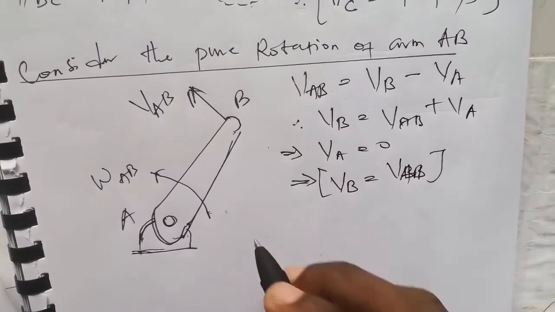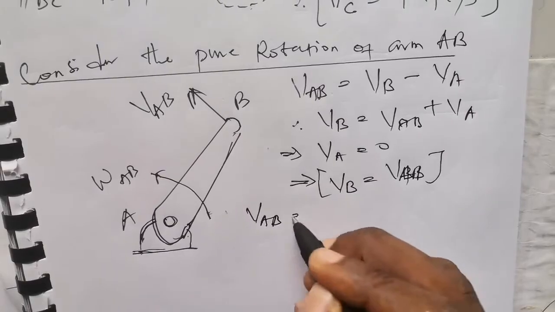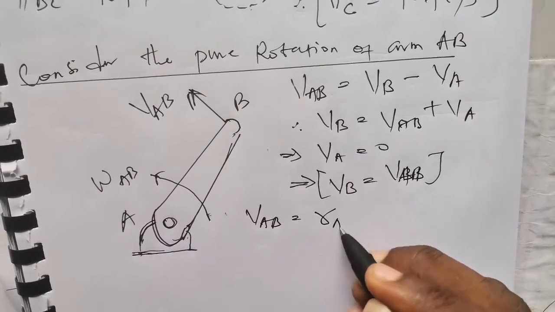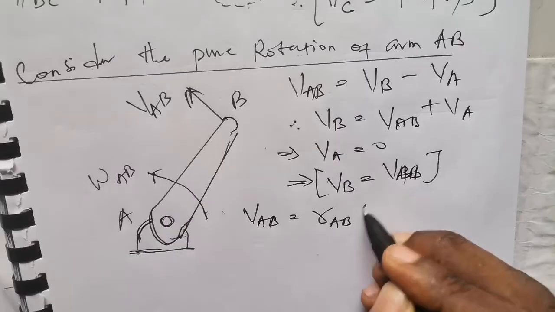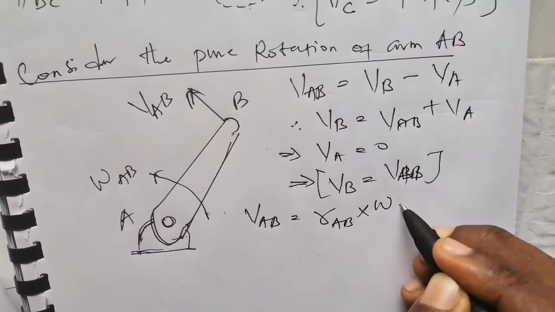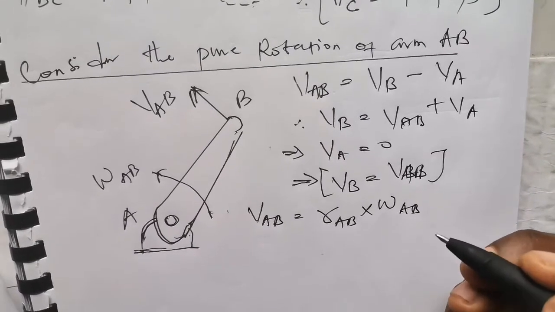Remember, it is equal to the position of AB, which is the radius arm, multiplied by the angular speed of AB. You have this.